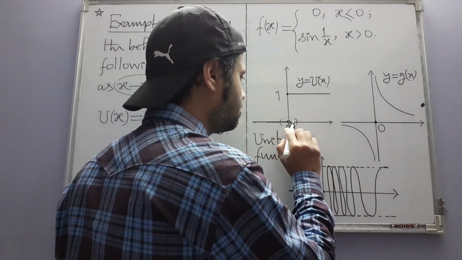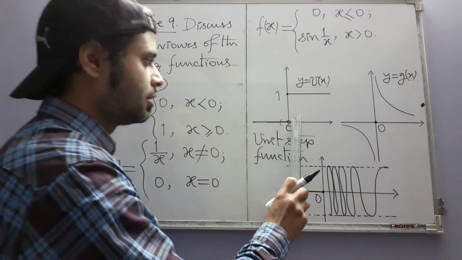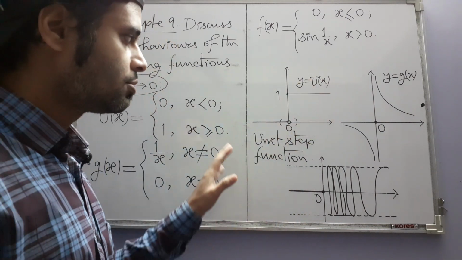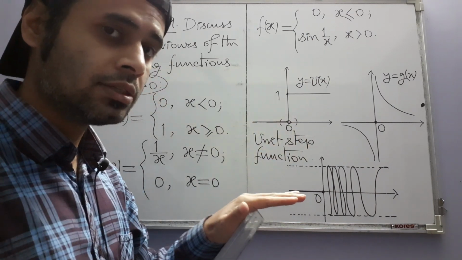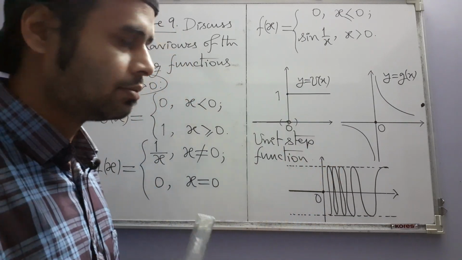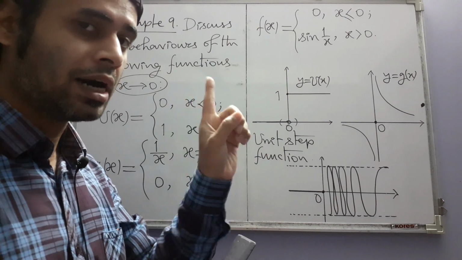But as your input is near 0 but to the right of 0, the u value is constantly 1. So the u of x values, although to this side they are approaching 0, to this side they are approaching 1, overall they do not approach one value.